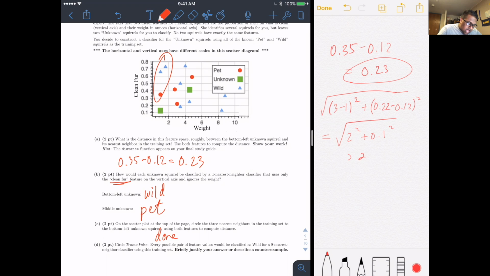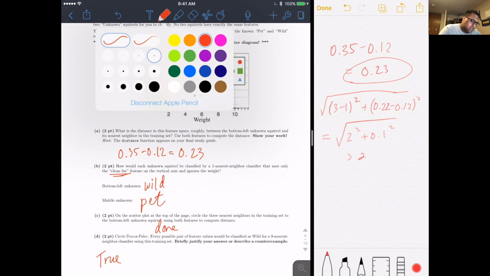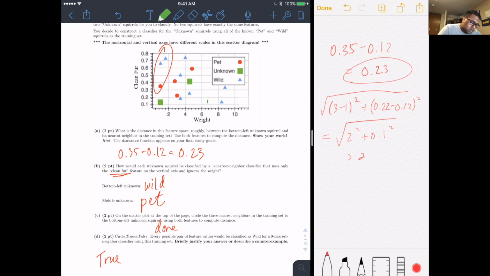And true or false: every possible pair of feature values would be classified as wild for a 9 nearest neighbor classifier in the set. Justify your answer. Okay. So the answer for that one is true. And the reason is that regardless of where you introduce a new unknown squirrel, of its 9 nearest neighbors, at most 4 of them can be pets, right?